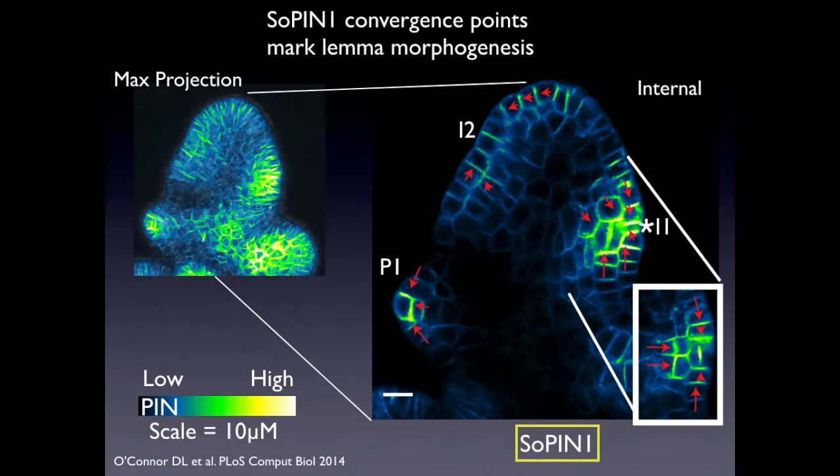Let's look at the polarization dynamics of sister, because it really starts the polarization of this tissue happening. Here in I2, you start to get convergent polarization around where the incipient organ is going to form. Here at I1, you can see nice convergent polarization right around that periclinal division, which is the hallmark of morphogenesis.